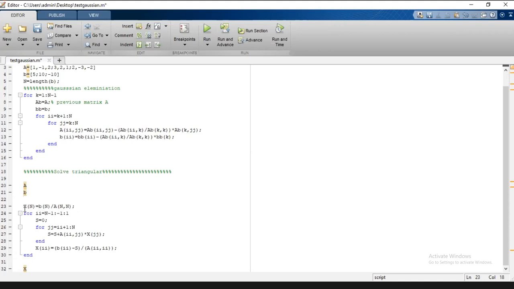You start with the last element, and then you go from down to up, from n minus 1 by steps of minus 1 to 1, and you calculate the sum of Aij multiplied by xj, for j equals I plus 1 to n. And then you get your vector x here.